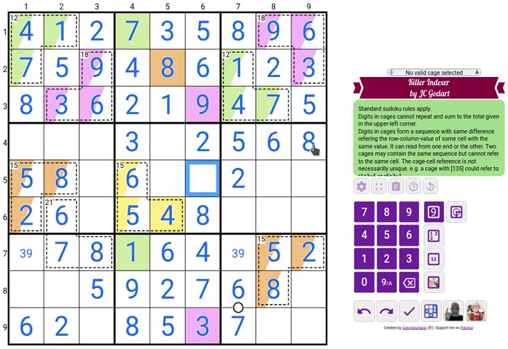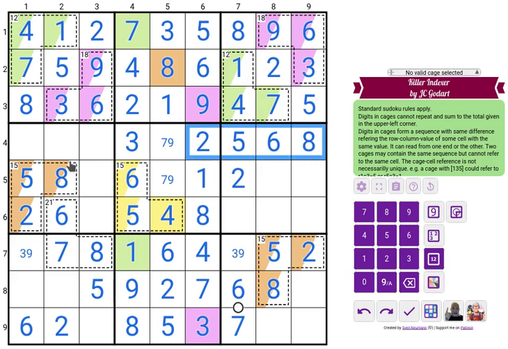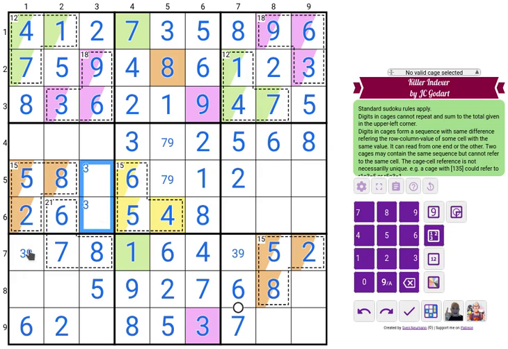Can't tell yet. What we know, this is C1. 7, 9. The 3 goes here. This is 3 or 9 again.